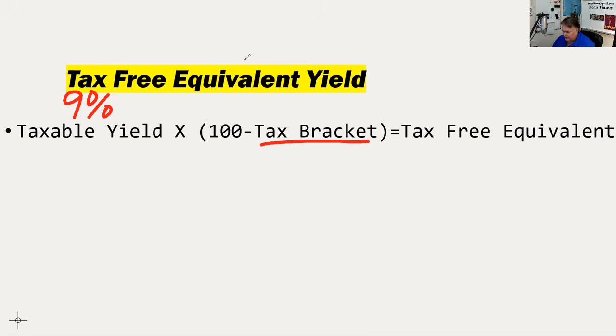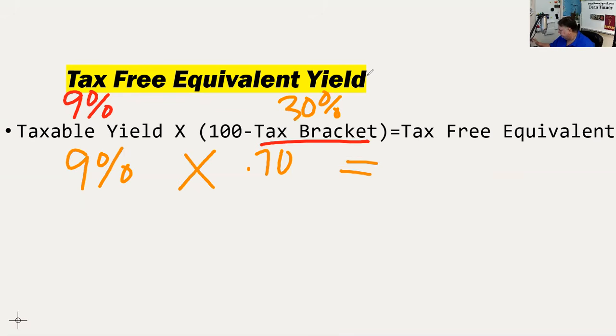So, they tell you on the test, your client's considering buying a 9% corporate bond. Your customer is in, they give you a tax bracket. Maybe they say he's in a 30% tax bracket. What is the tax-free equivalent yield? So the way I do that is I'm going to take 100% minus his tax bracket, which in this case is 70%. I'm going to take the taxable yield times that.